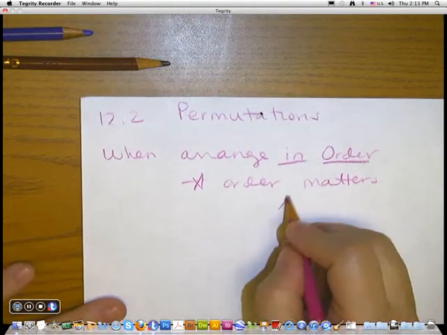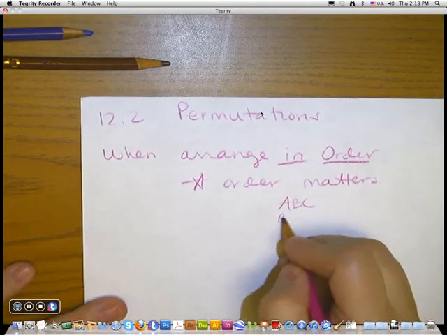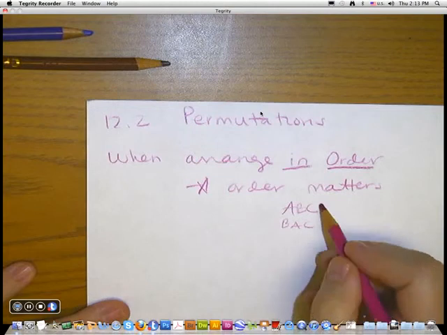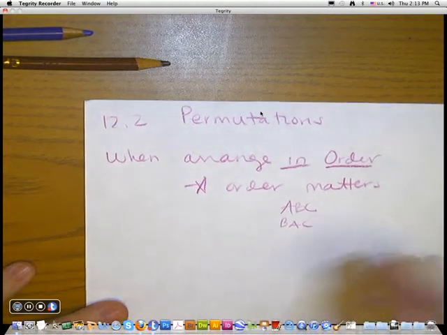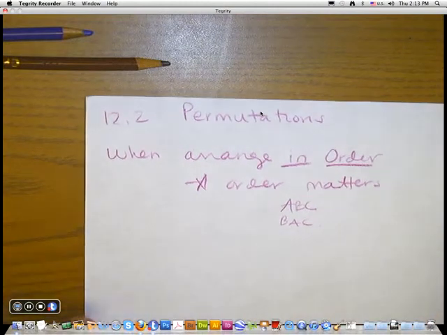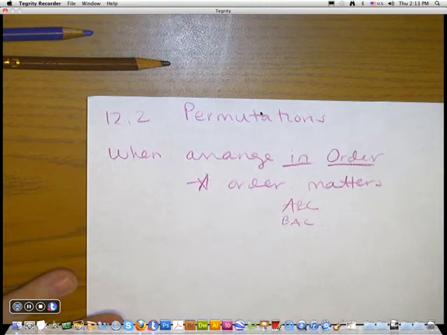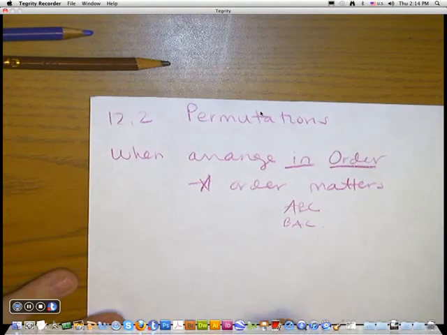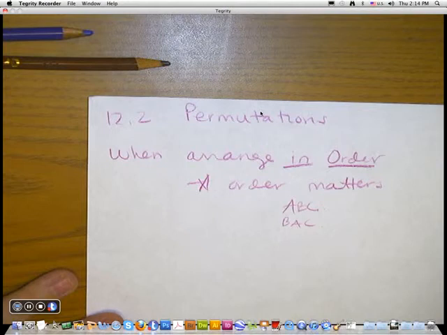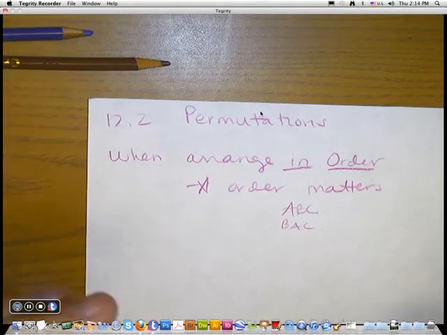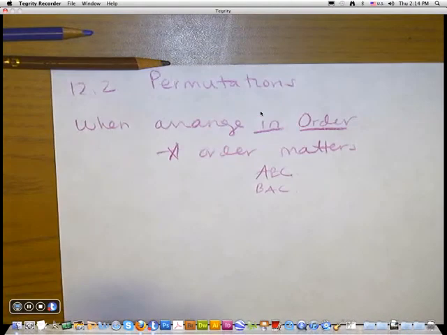ABC is different than BAC. Order matters. It doesn't matter how many things you have, but the way I place them is important. Like first place is important, second place is important, third place is important. The order matters that you finish the race to get the trophy or accolades.